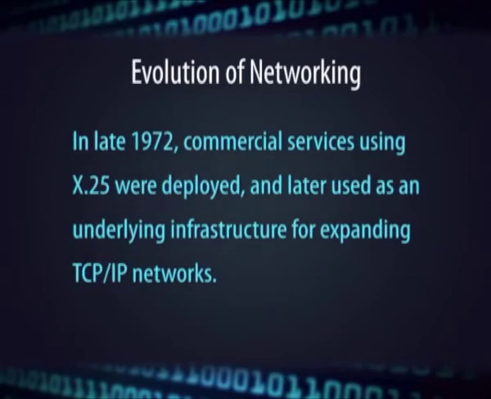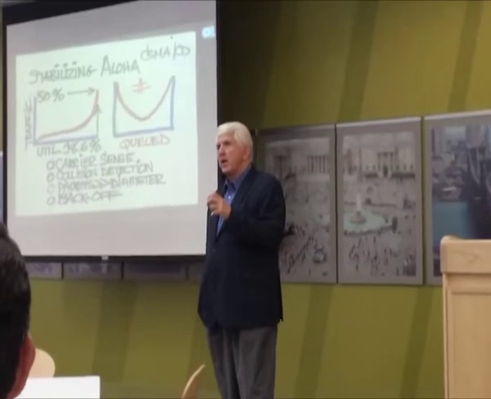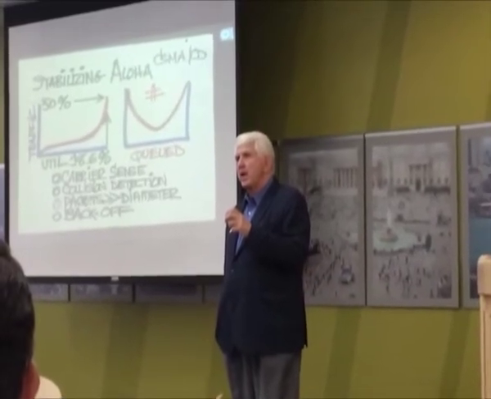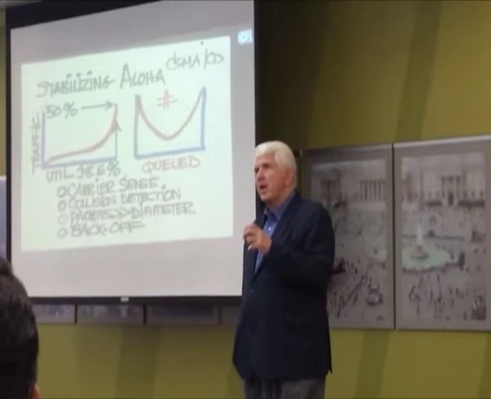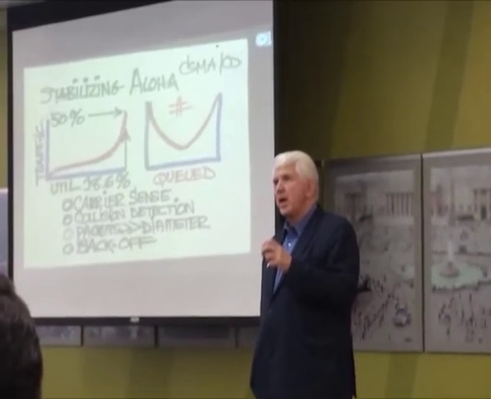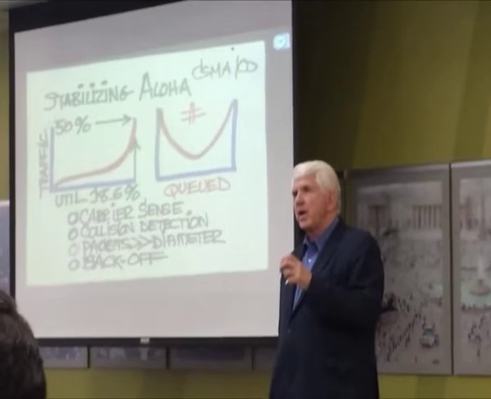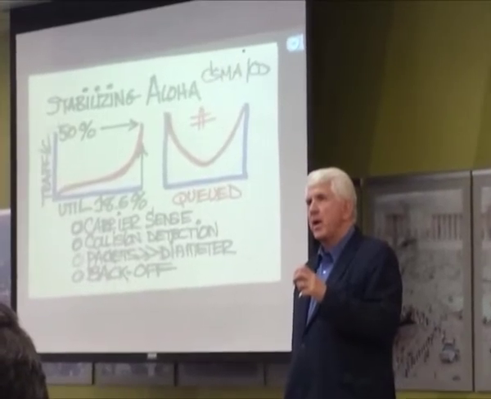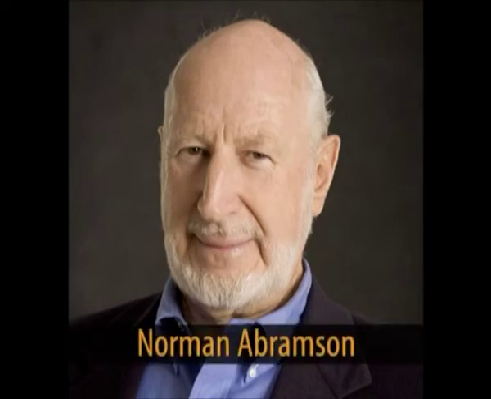Then in late 1972, commercial services using X.25 were deployed and later used as an underlying infrastructure for expanding TCP/IP networks. In 1973, Robert Metcalfe wrote a formal memo at Xerox PARC describing Ethernet, a networking system that was based on the Aloha Network, developed in the 1960s by Norman Abramson and colleagues at the University of Hawaii.